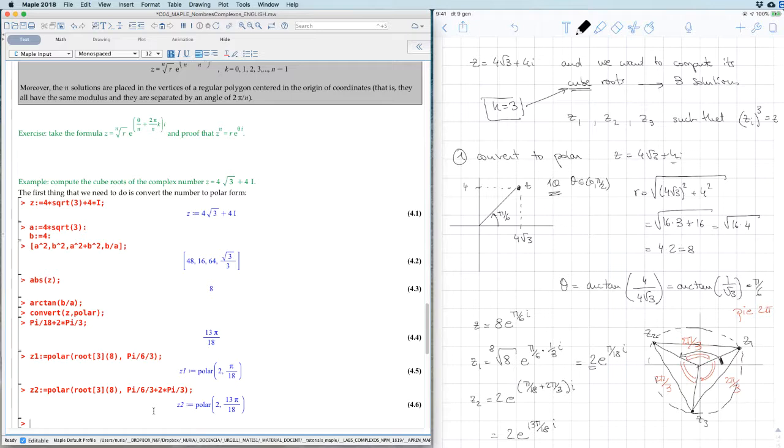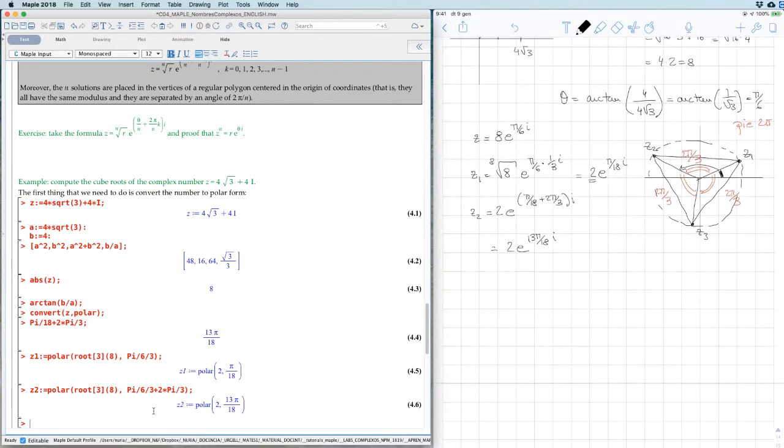Okay, the third one, so in order to move to the third one, we can either go from the second one to the third or from the first to the third. I always move forward, so what I'm going to do is take z2, which is this one, and again add 2 pi over 3. Okay, so again I add 2 pi over 3, and what I get is e to the power 25 pi over 18 i.